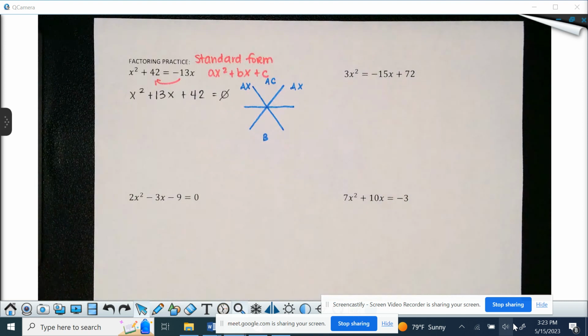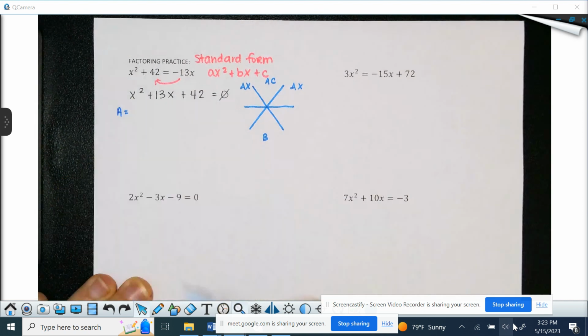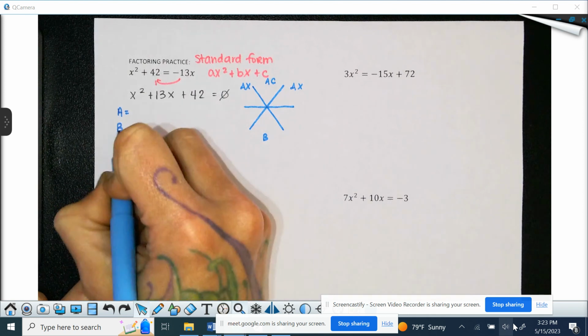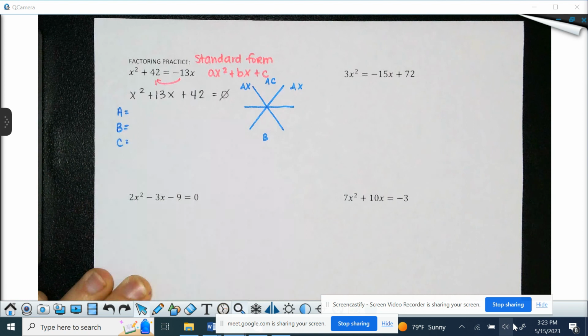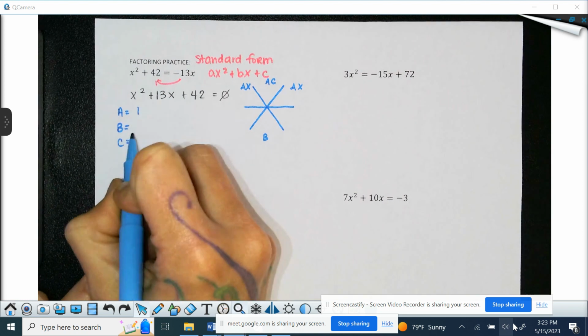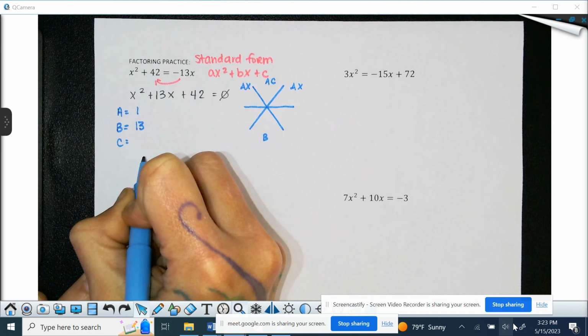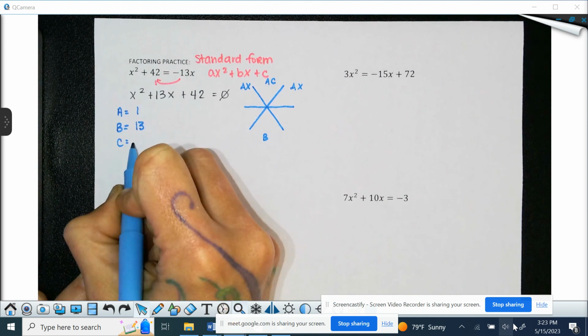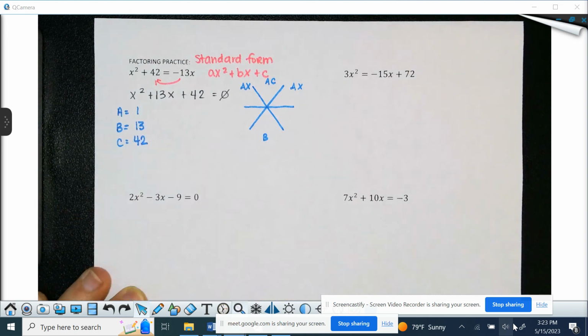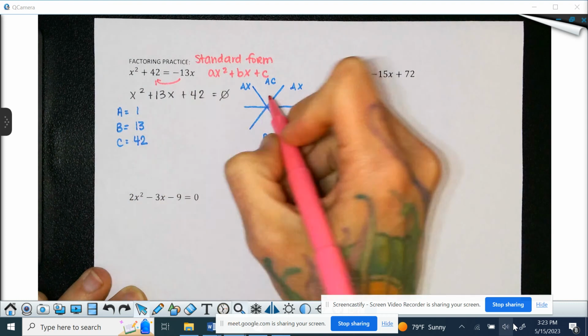And remember, we added a line when a is not 1, and that's at ax. So what is the value of a? 1, good. And b is 13. And c is 42, perfect. A times c, so 1 times 42 is going to go on the top.